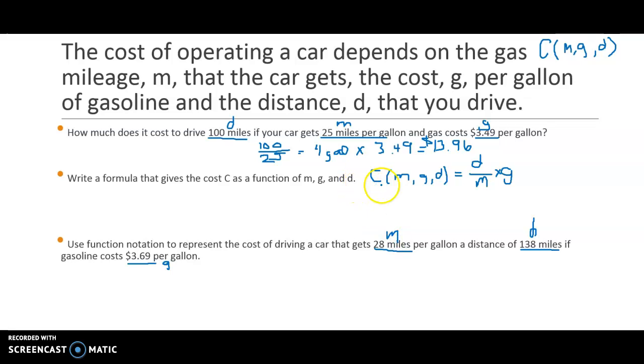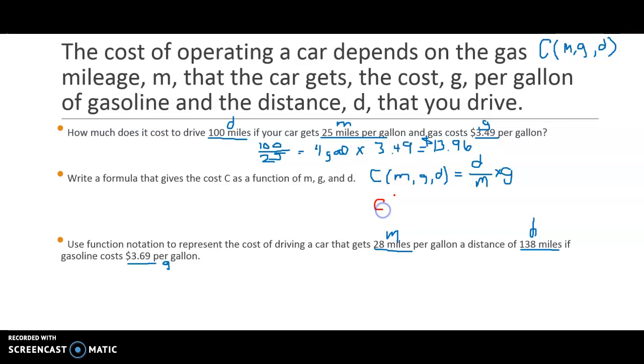When I write a formula and I use function notation, the order really matters. So when I put these numbers in, I have to put them in the same order that I have in my formula here. So I'm going to switch pen colors so you know that I'm adding something new here, and I'm going to write it right below.